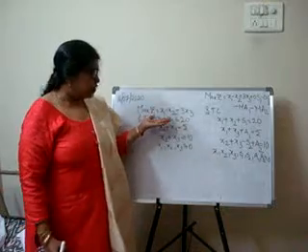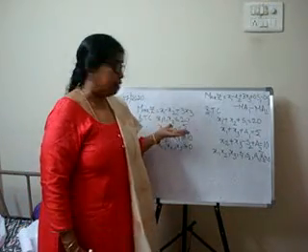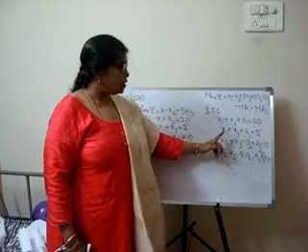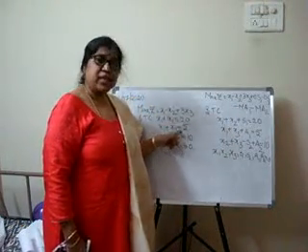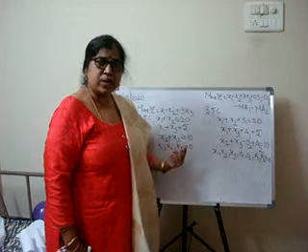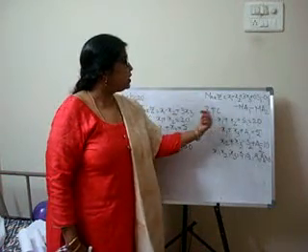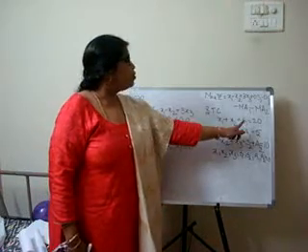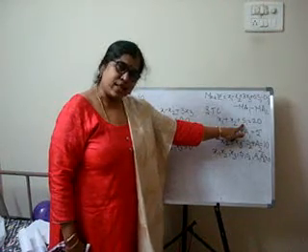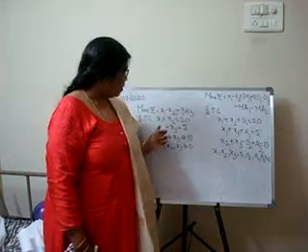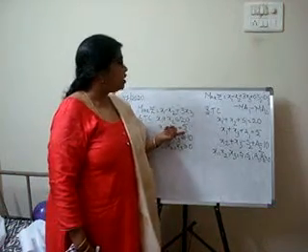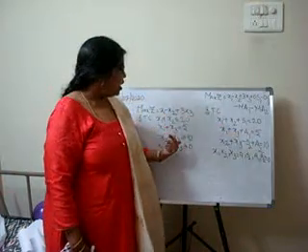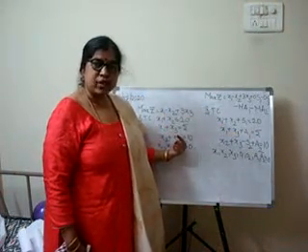Now, the given LPP, which is in the canonical form, has been transformed into the standard form by introducing variables depending upon the inequality in the constraints. The first inequation is less than or equal to, so we have introduced S1 slack variable, and in the second equation it is equal to, so we have introduced an artificial variable, and in the third equation we have greater than or equal to.